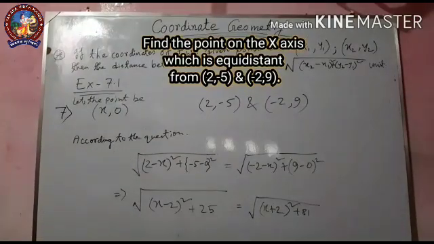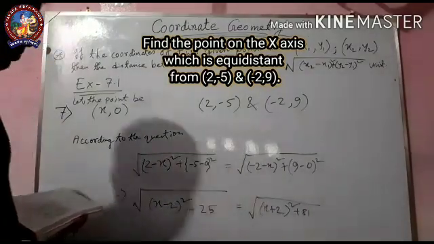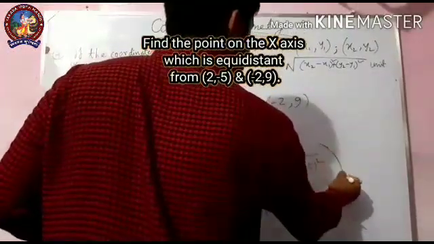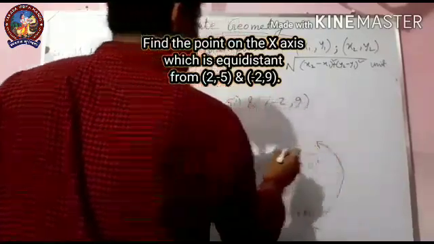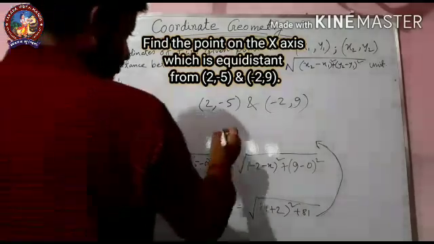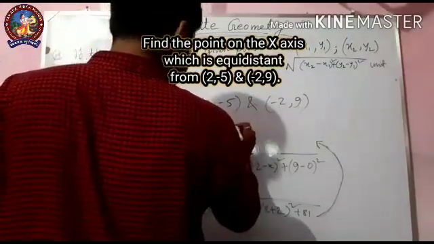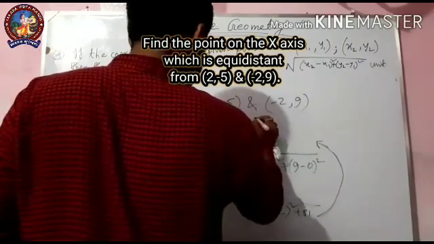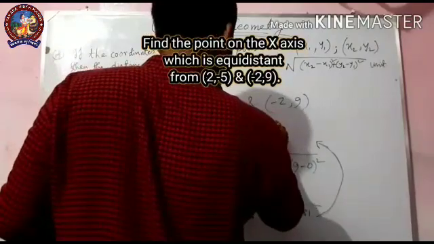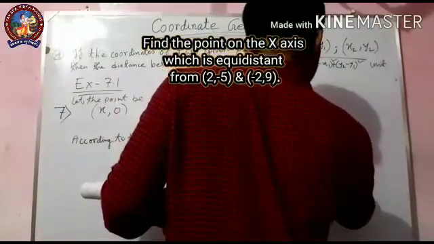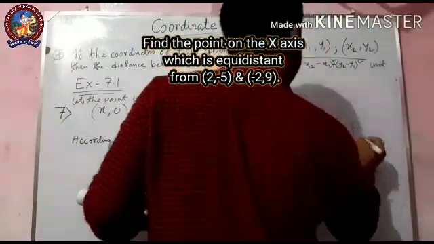Now I'm writing this here. If we square both the sides, then we will get x minus 2 whole square plus 25 equals x plus 2 whole square plus 81, right?